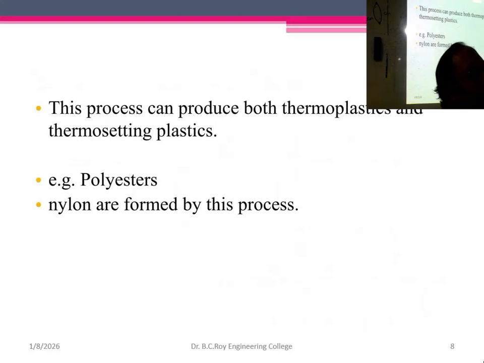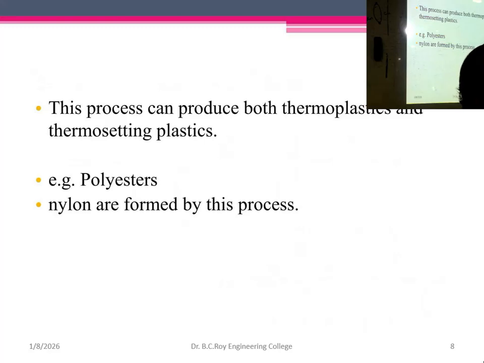Polyethylene terephthalate, have you heard? PET, PET jar? What is PET jar? Container, food container. Chanachur container, plastic container. So that is a polyester container. It is called PET jar.